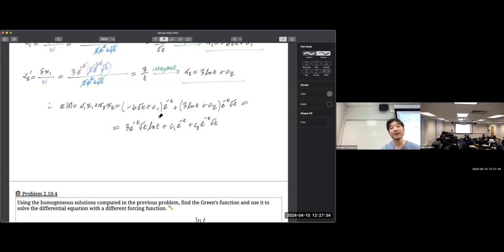So up here is fine, but if you were interested in extracting the particular and homogeneous solution, then this is your particular solution, and this would be your homogeneous solution if you just expanded this out.